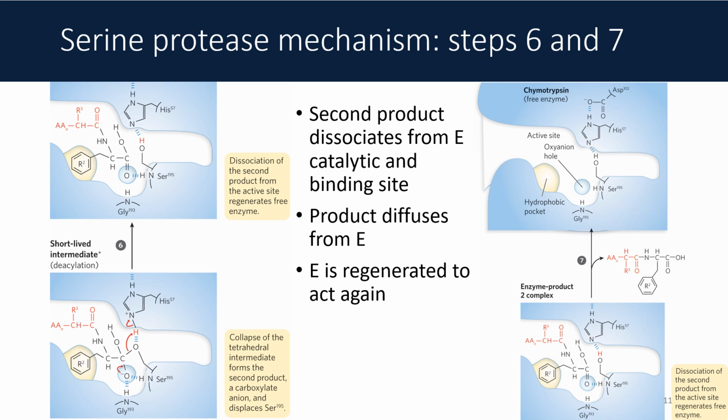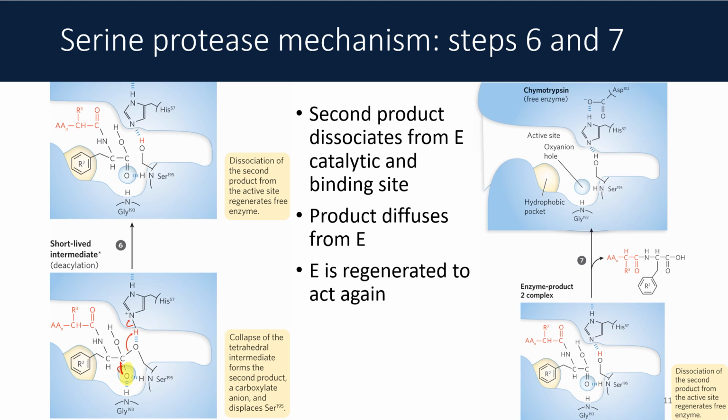These last two steps, in my opinion, are the easiest. The oxyanion that we generated in the previous step is going to rearrange and collapse. Its electrons are going to fall back down and reform the pi bonds within the oxo group, just like so. But when we do that, we're going to have to break one of these three other bonds to accommodate it. And again, we have three choices.